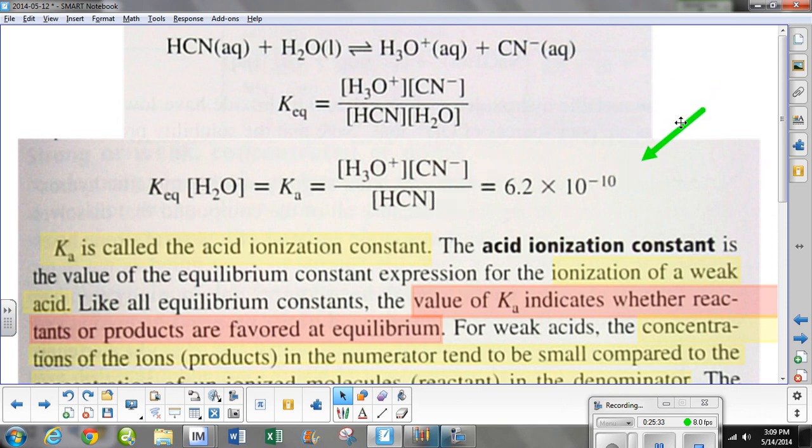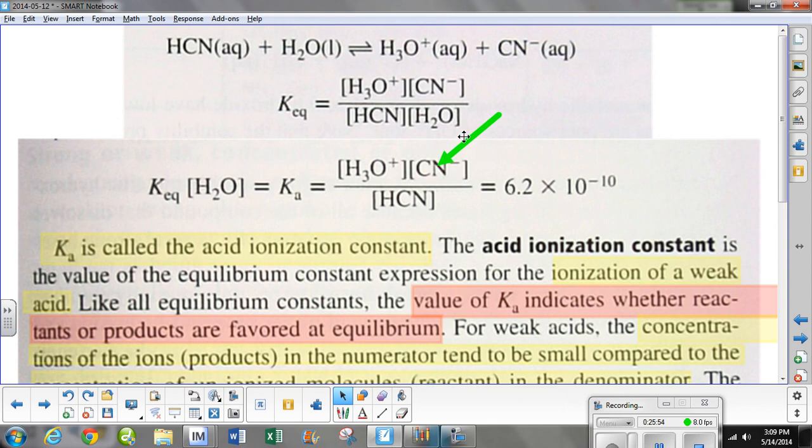Look at that constant, how low that is. Does that mean that the top is smaller than the bottom? If the top is smaller than the bottom, it would have to be a negative exponent, because it's going to be less than 1, right?